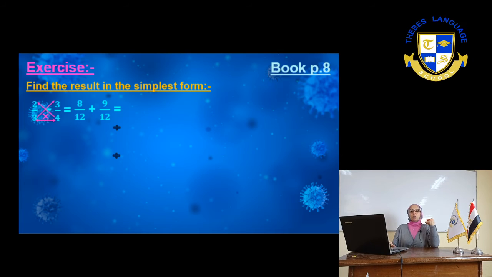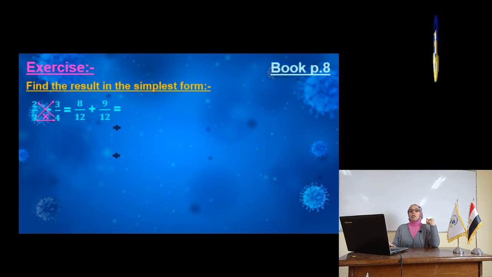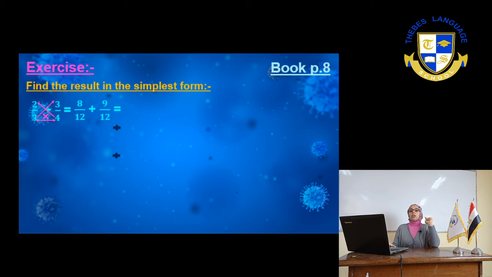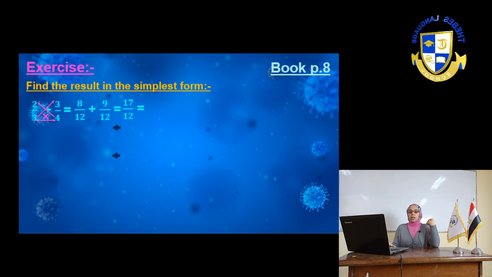So multiply 3 by 4 and form new fractions. It will be 12. Now, 4 times 2 is 8. Write it in the numerator of the first fraction. 3 times 3 equals 9. Write it in the numerator of the second fraction. Now add, because the denominators are now the same. 8 plus 9 will be 17 over 12.